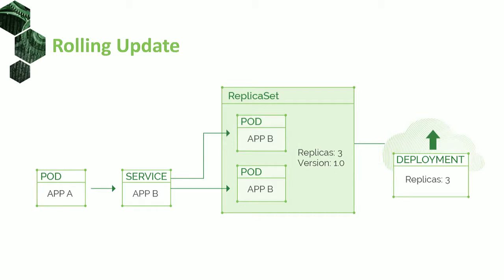Then we have a service, which is the internal out-of-the-box Kubernetes load balancing mechanism that connects a client, which we call here application A, to all the pods that are included in this replica set for version 1.